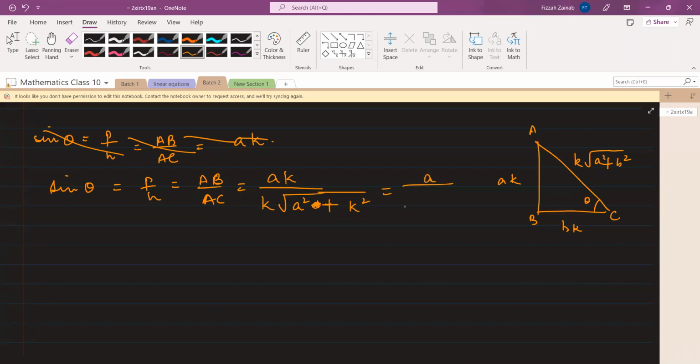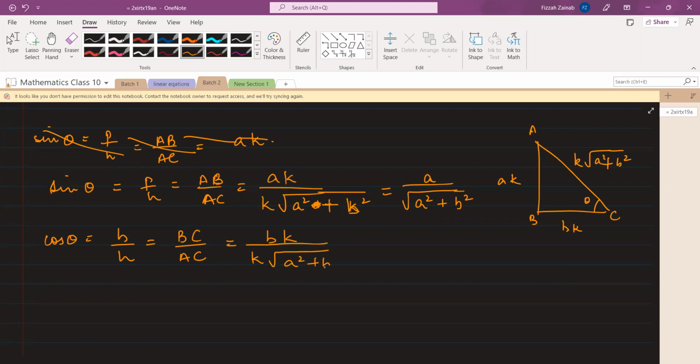So it is A upon under root A square plus B square. Now you also find cos theta, that is base by hypotenuse. So base here is BC upon AC. So that is B into K, and again this is K into square root of A square plus B square. So B upon square root of A square plus B square.